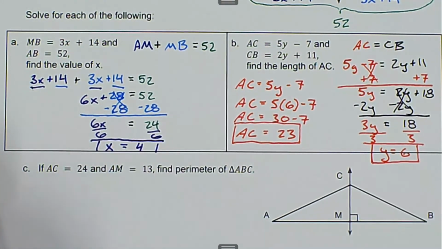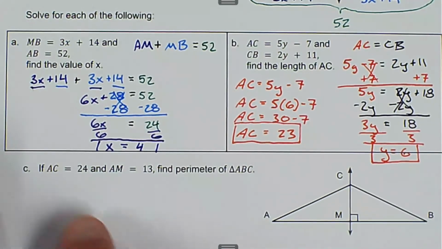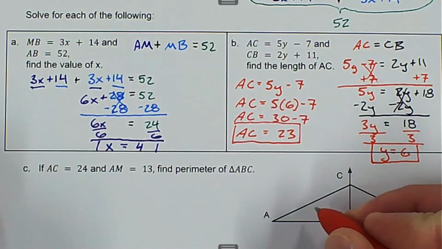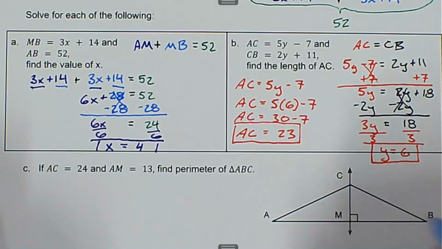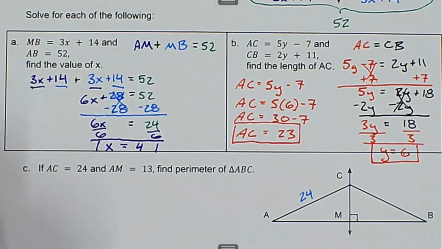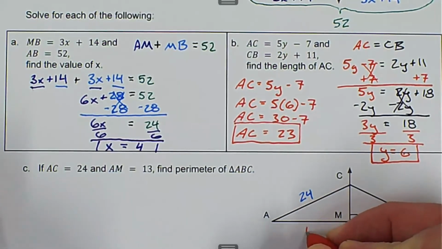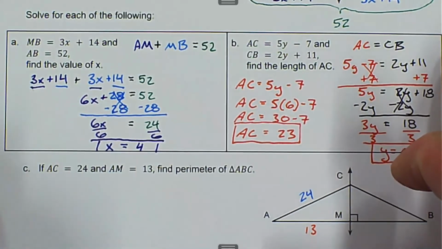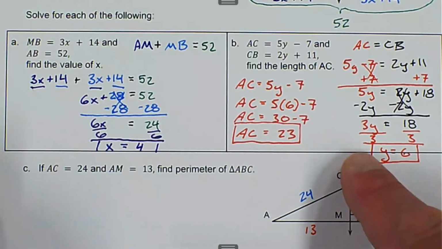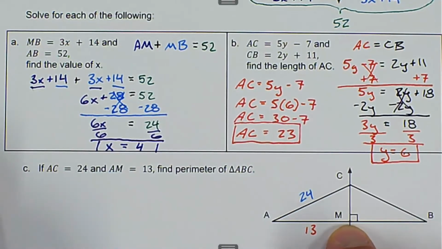Again, we can mark on the drawing what we know. We know that AC is 24, and we know that AM is 13. We're using the same directions that we had written above, where it says given line segment CM is the perpendicular bisector of line segment AB.